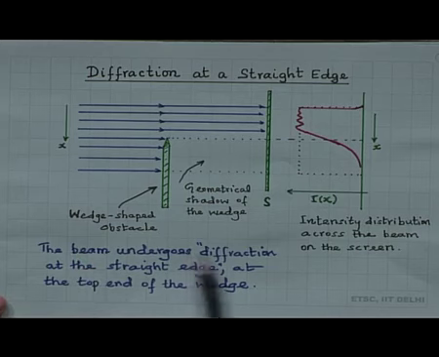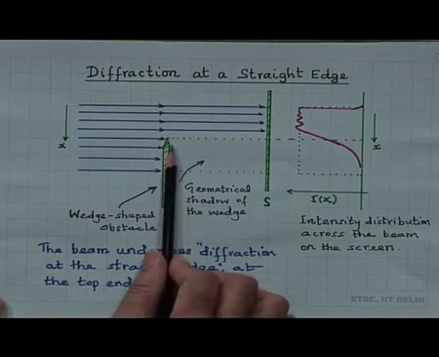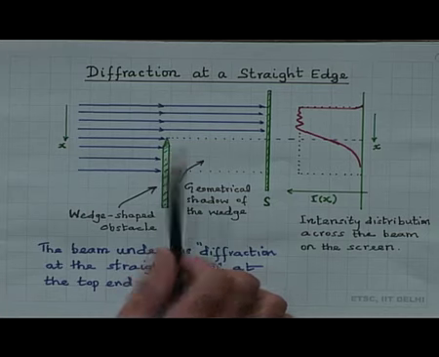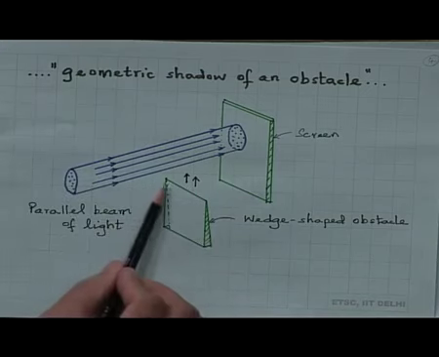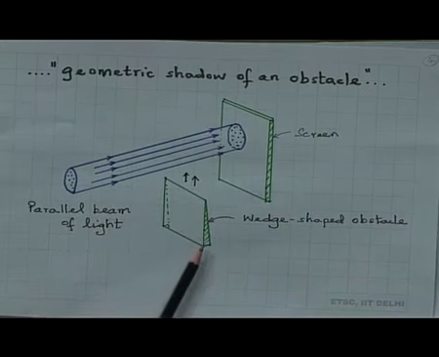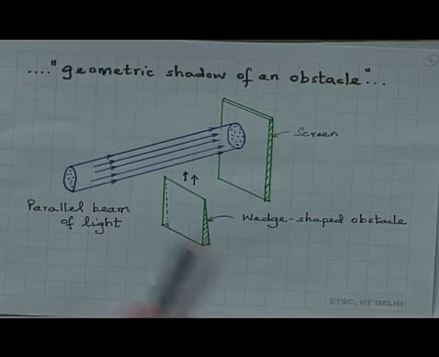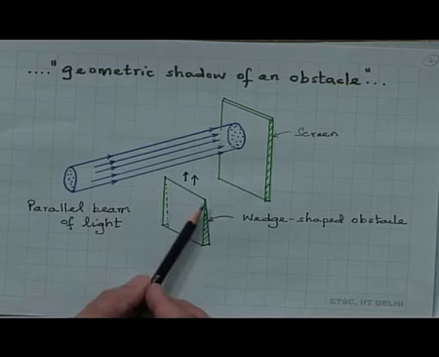The beam undergoes diffraction at the straight edge. Please see, this is in 2D. We recall the figure here. This is the straight edge that we are referring to. This is a wedge shaped obstacle which has a straight edge here.